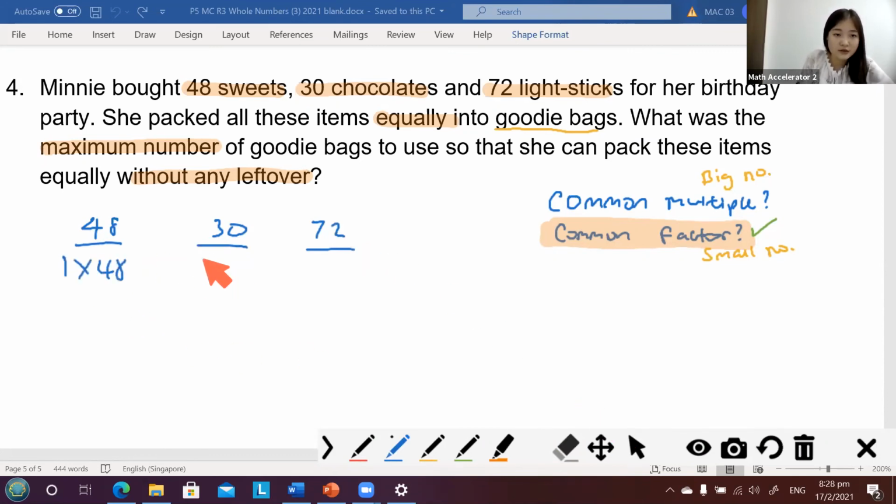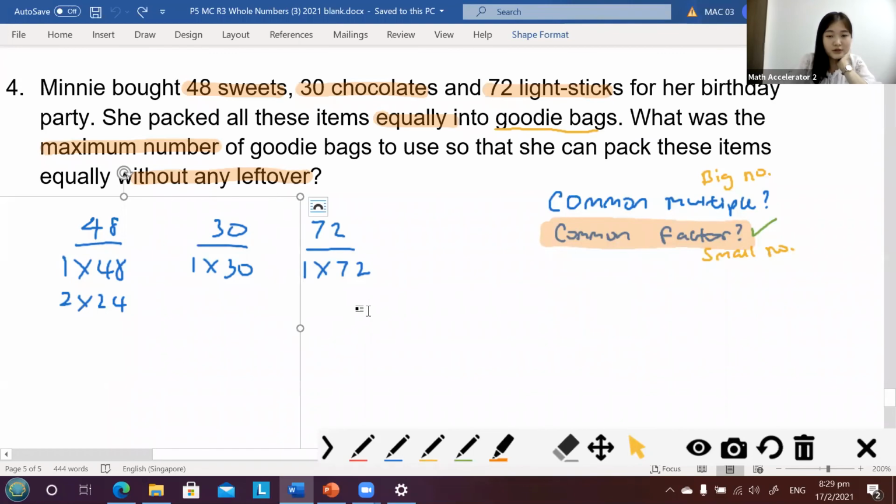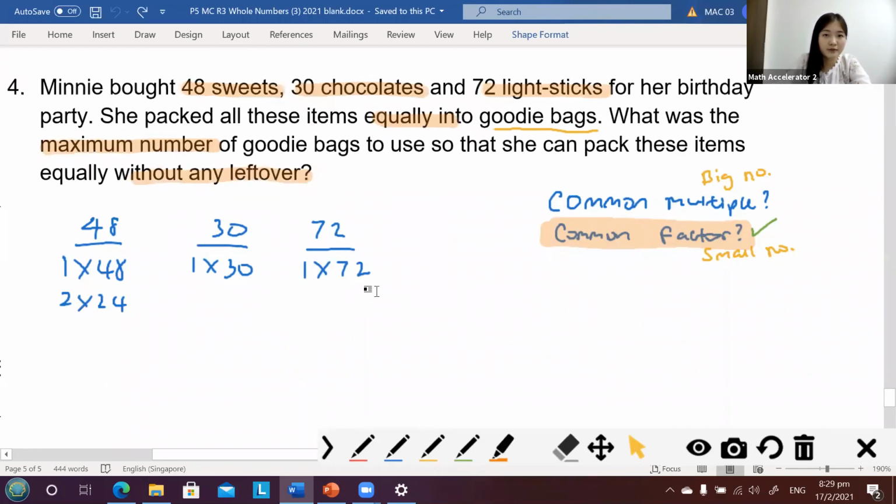1 times 48, 1 times 30, 1 times 72, 2 times 24. Can you all list it out? I'll give you some time. You should be quite fast at this. Once you have it, I'm going to show you what you should get.